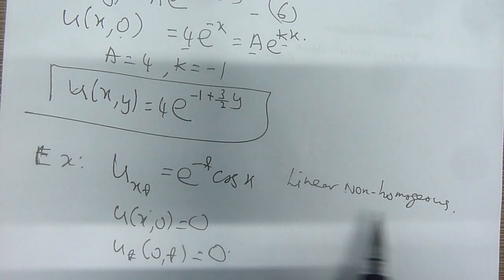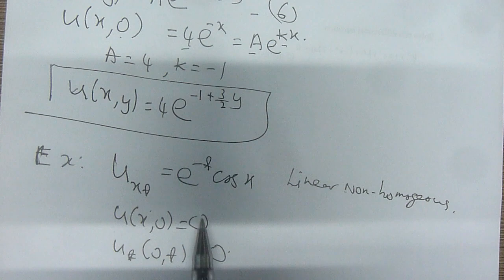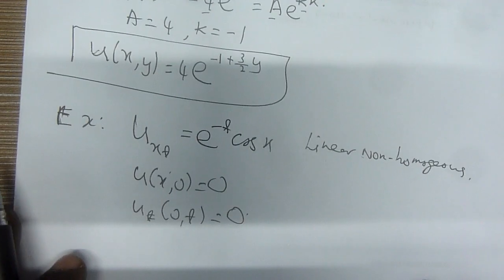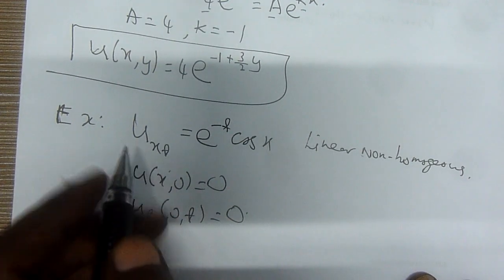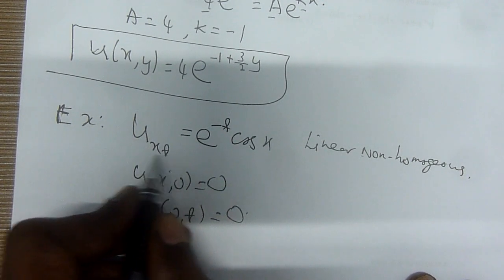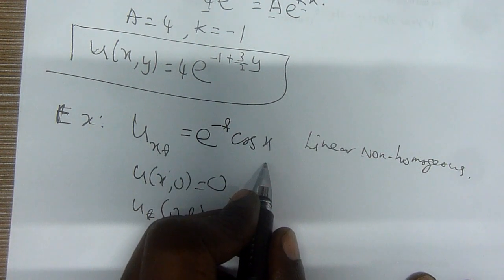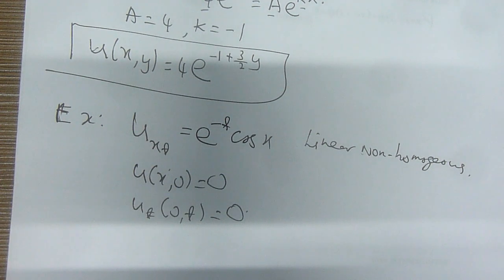If it is not linear homogeneous, you cannot apply the separation method. Then how to solve this problem? Look at this, f(x,t) and g(x). This is what I taught you before, can you recollect?